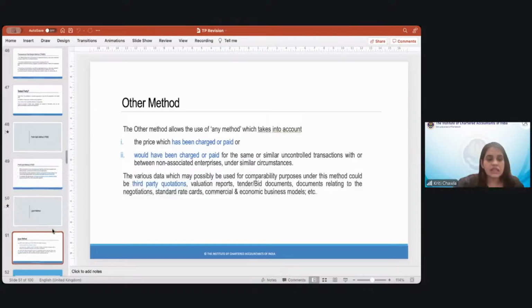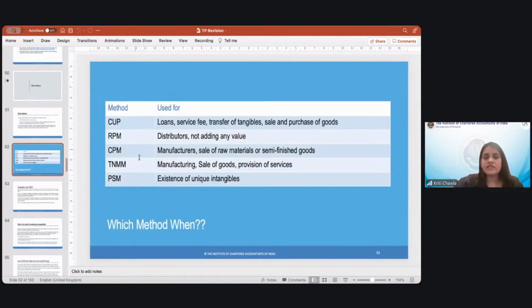So what I've done is I have just mentioned this slide here, which basically says which method is used when. CUP is used for loans and services, any transaction. As long as you have data available for that kind of transaction, this method is going to be used. Then RPM for distributors, CPM for contract manufacturing situations, TNMM for provision of services, manufacturing.